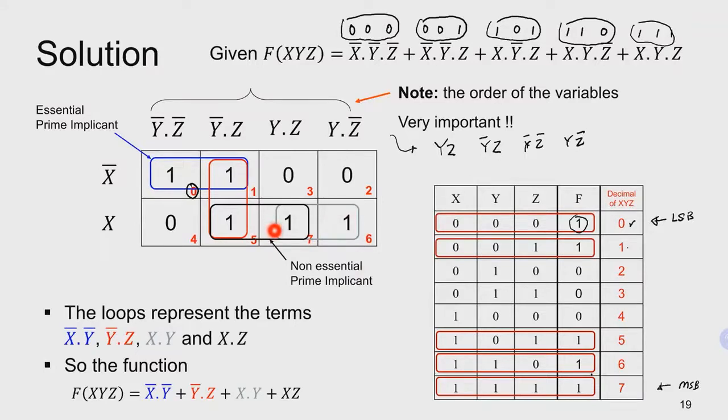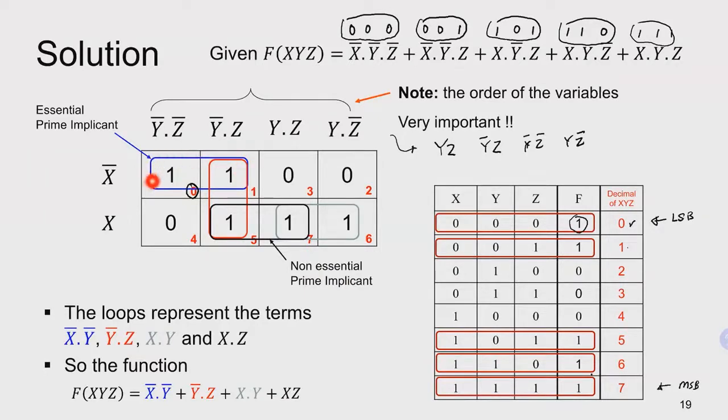Okay, so remember the steps that we talked about earlier. We want to loop all the ones, but we want to also have the minimum number of loops. So this loop here, we call it the essential prime implicant.